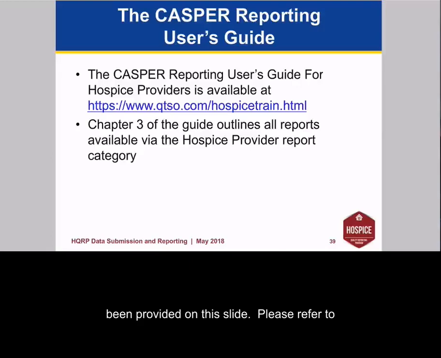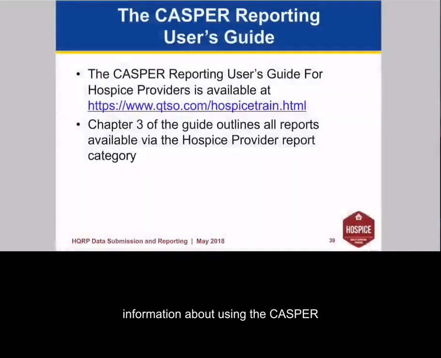Please refer to Chapter 2, Functionality, for detailed information about using the CASPER reporting application. Chapter 3 of the User's Guide provides detailed information about the hospice provider reports, and Chapter 4 provides detailed information about the reports in the Hospice Quality Reporting Program report category. We will review reports from each category during today's training.